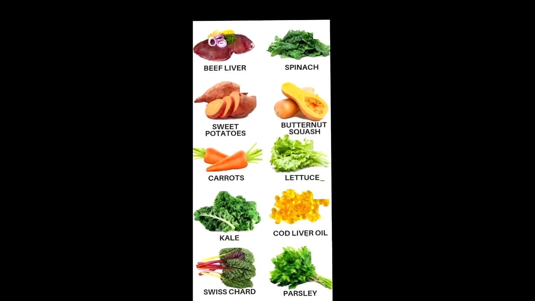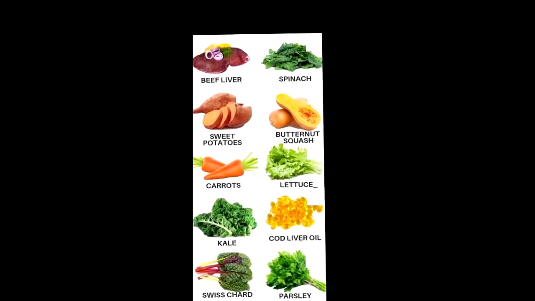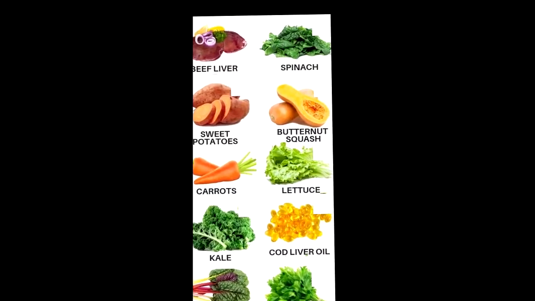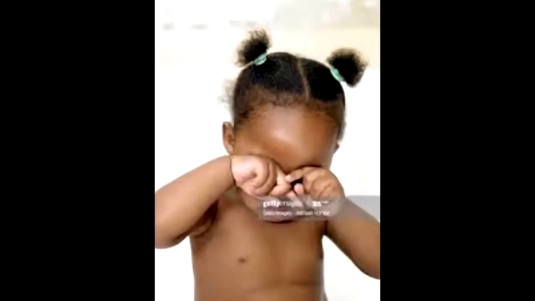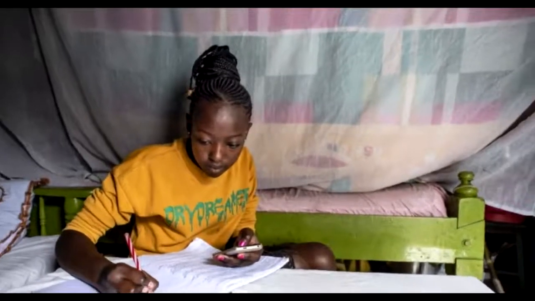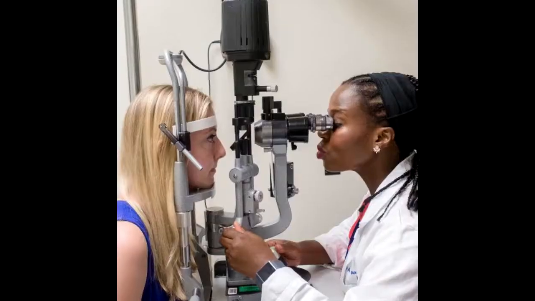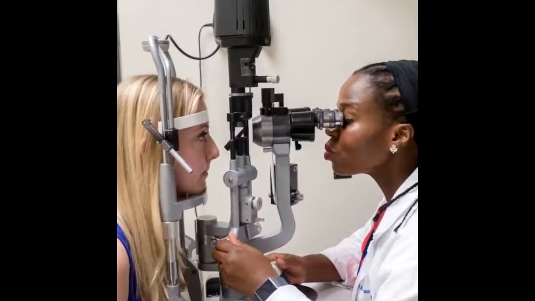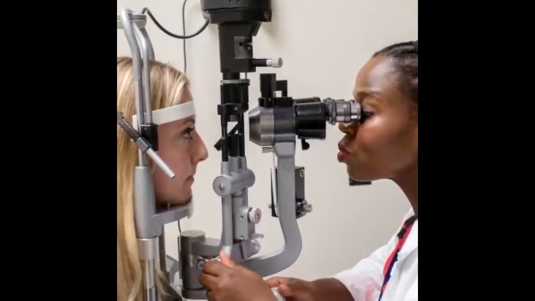By having a balanced diet, we must eat food rich in vitamin A to safeguard ourselves from night blindness. Avoid rubbing your eyes. Do not share fresh towels, and avoid reading books in dim light. And always seek medical attention in case you have pain or a problem with your eyes.